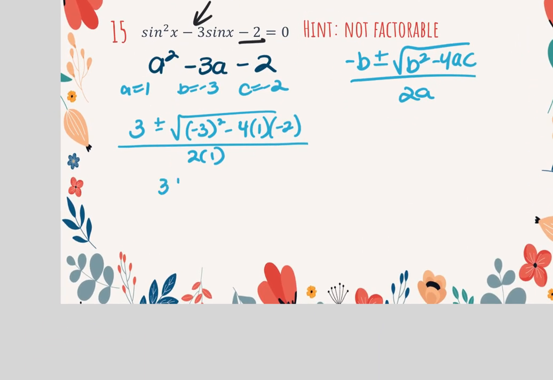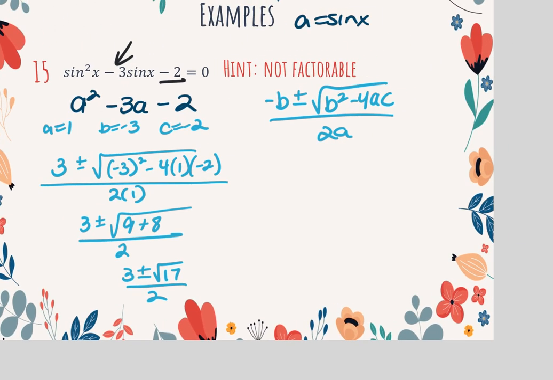And I get 3 plus and minus the square root of 9 plus 8 over 2. 3 plus and minus the square root of 17 over 2. And that is what sine of x equals. So sine of x equals 3 minus root 17 over 2, and sine of x equals 3 plus square root 17 over 2.